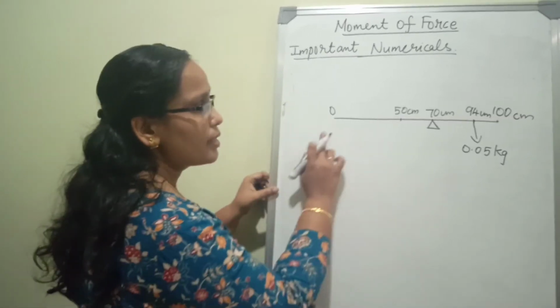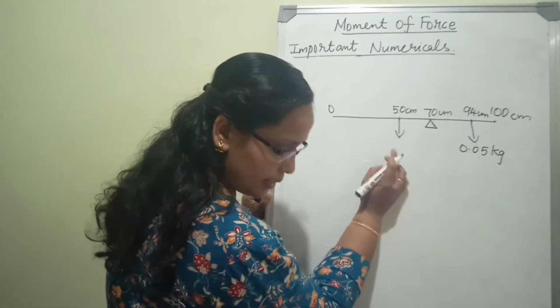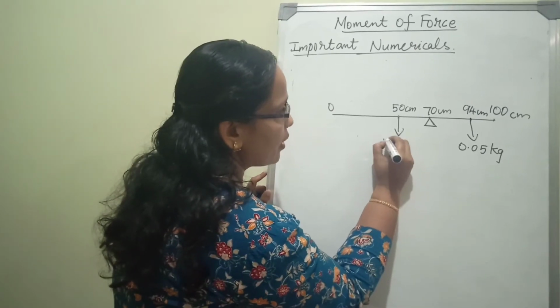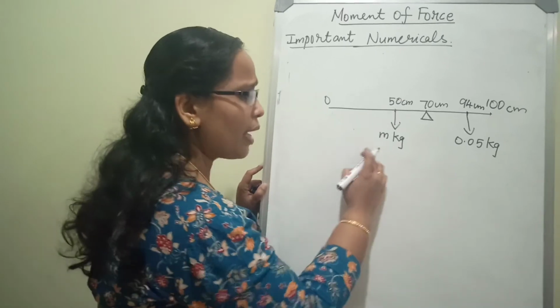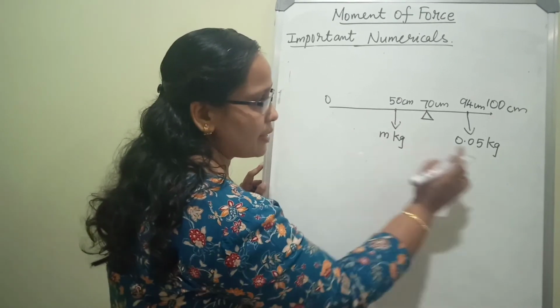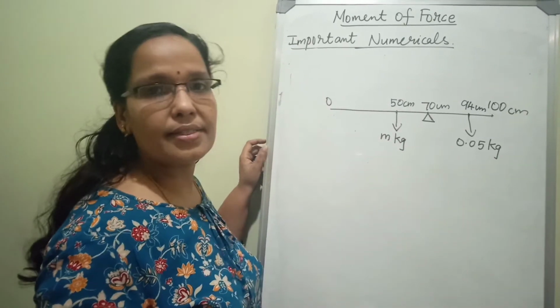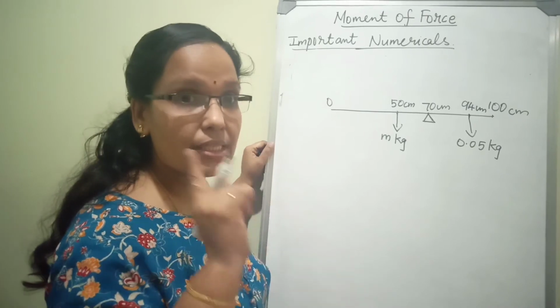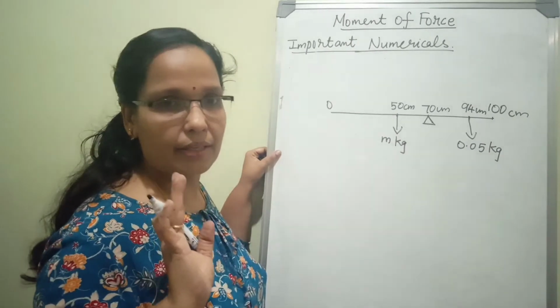That means at the center, at 50 centimeter, we have to consider the mass. We can take m kg, or W is equal to mg also. Since it is given as a uniform meter rule, the mass is considered at the center. This is an important thing. If you don't mark this, we are not getting that mark at all.